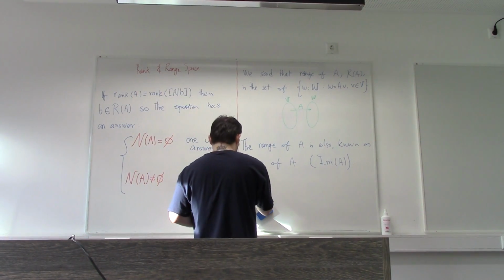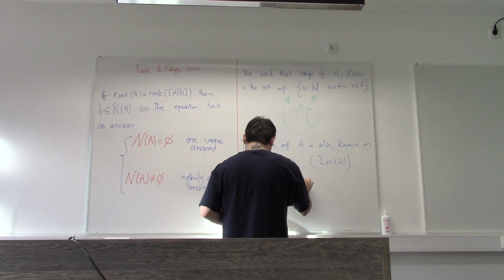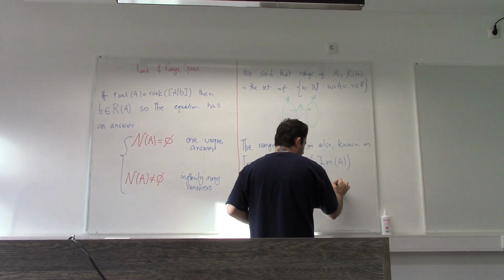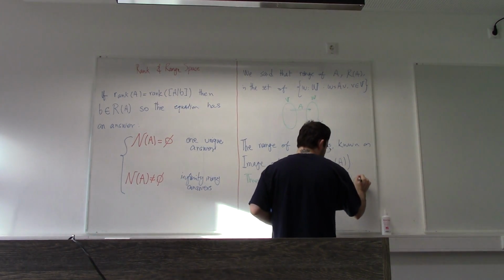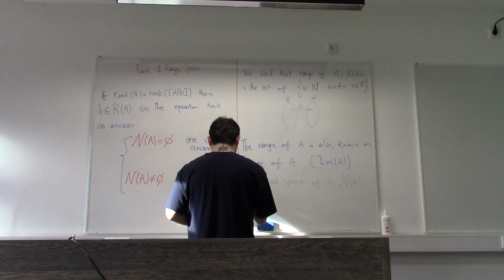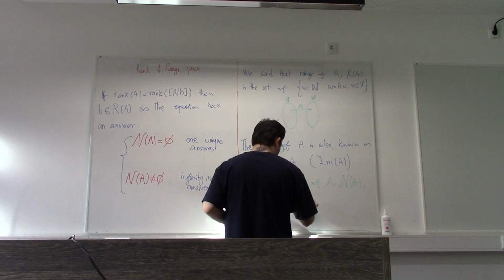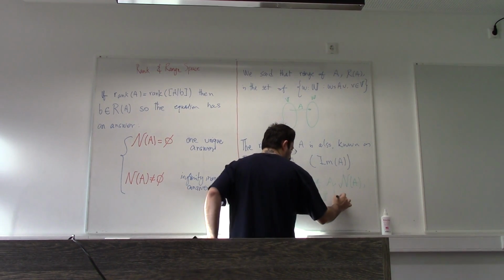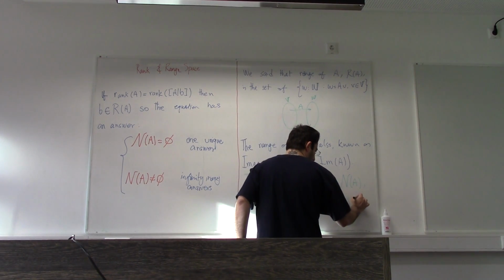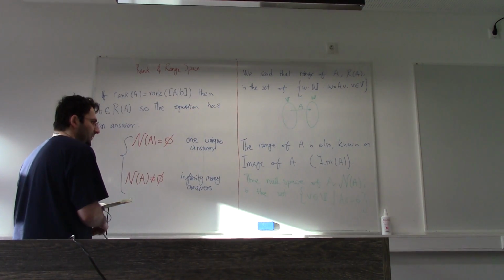And the null space of A, which we showed with NA, is the set of V's belonging to V in the form that AV is equal to 0.